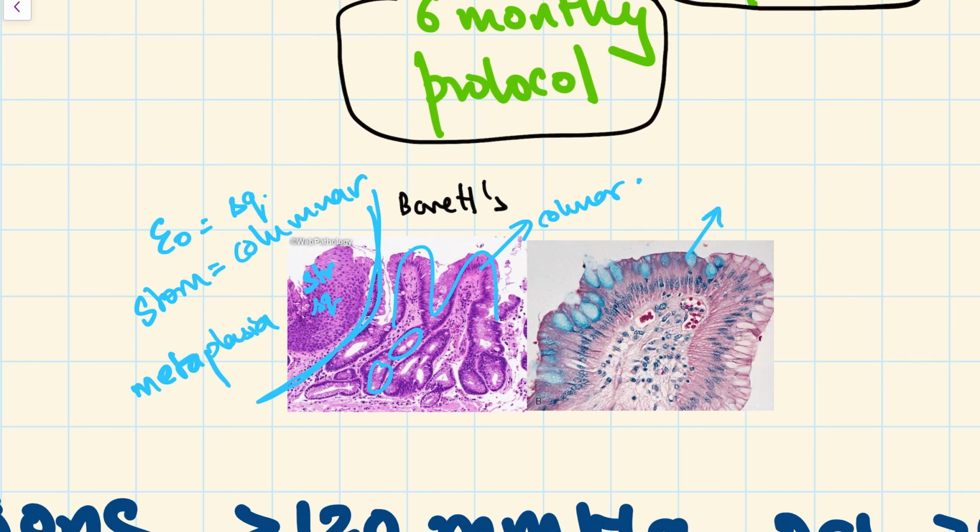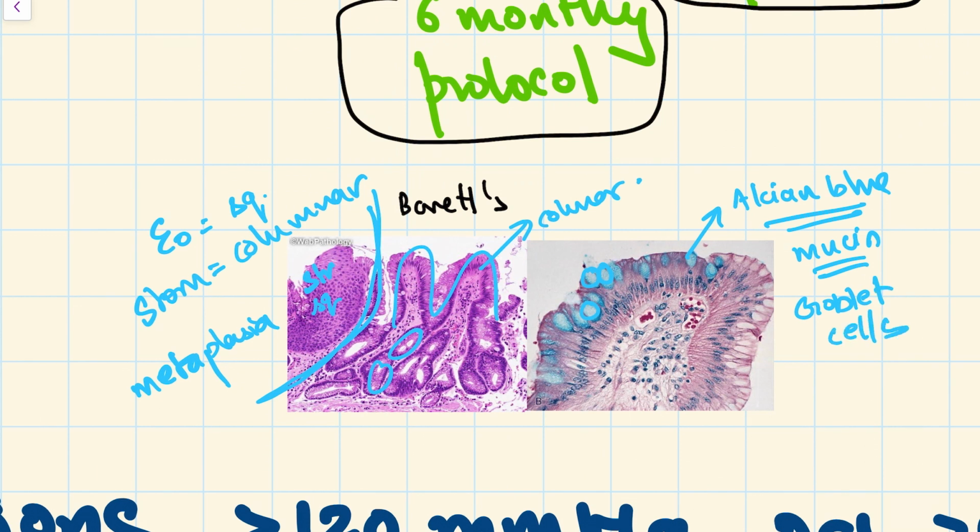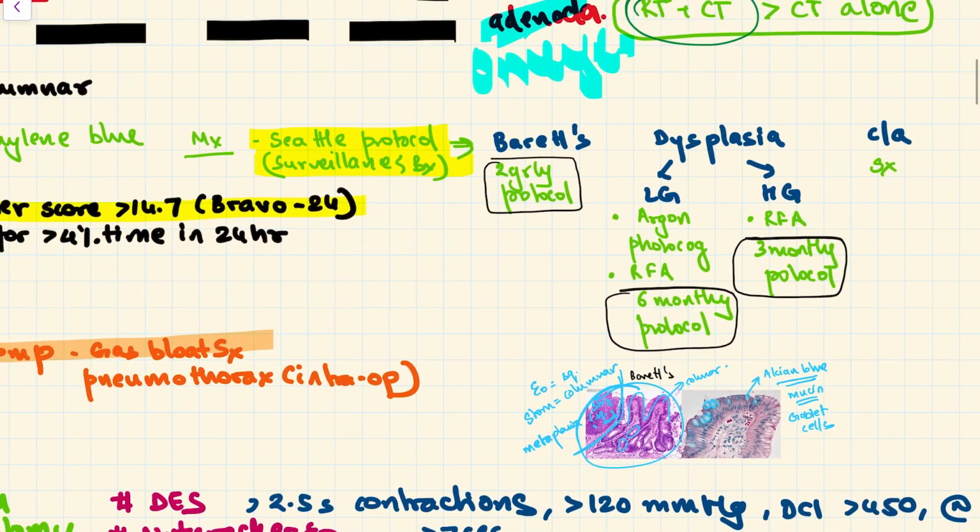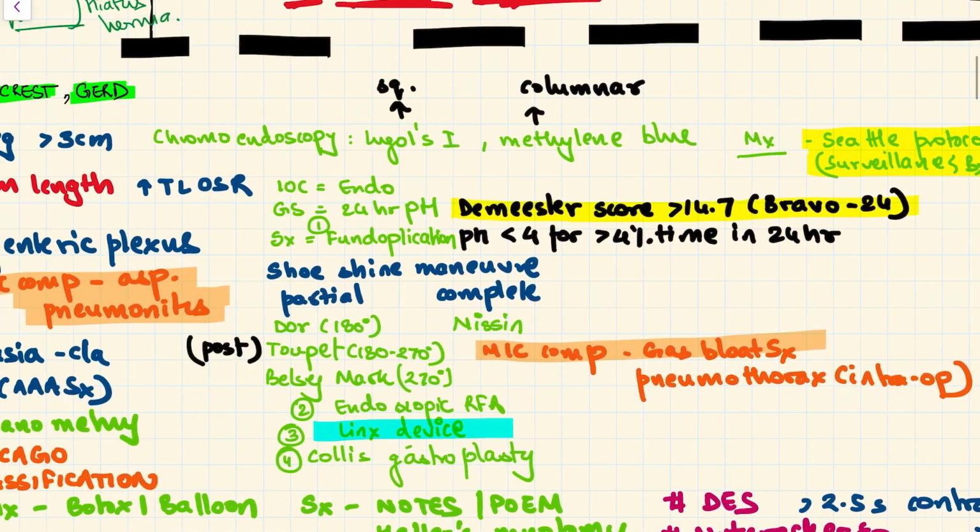And the characteristic thing is that Alcian blue stain will stain mucin because these glands contain goblet cells. This is esophagus only. The esophagus should be like this in its entirety, but here stomach-like epithelium is coming, and that is why it is called Barrett's esophagus.